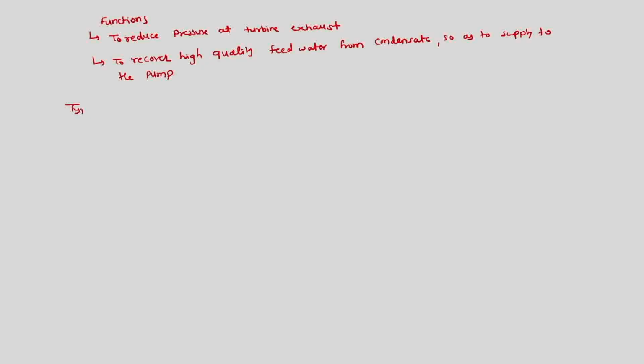Now we will see types of condenser. There are basically two types of condensers. One is the direct contact type condenser.